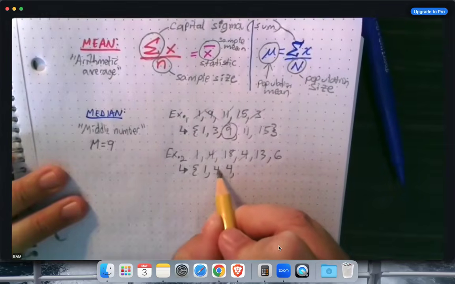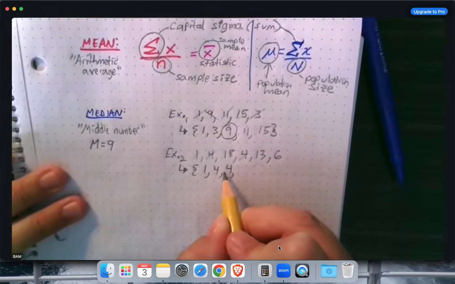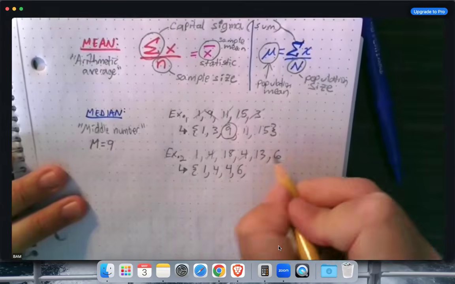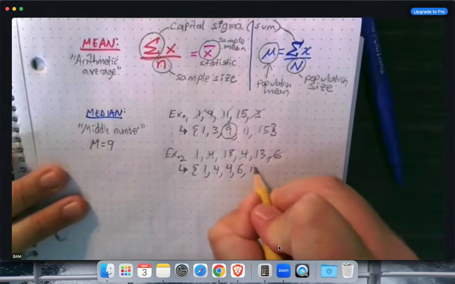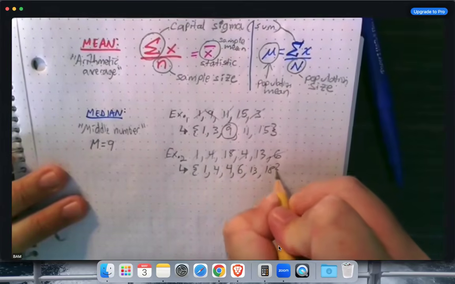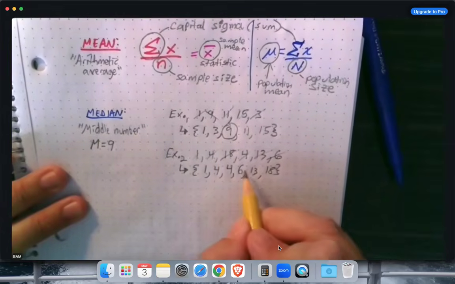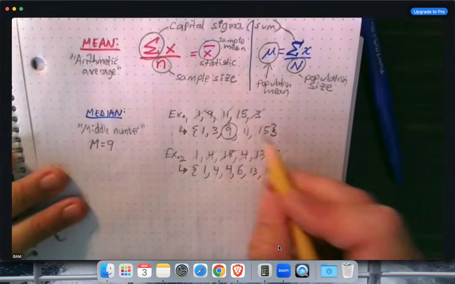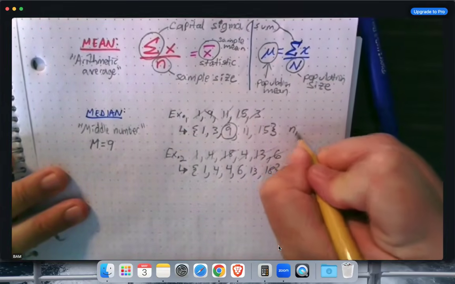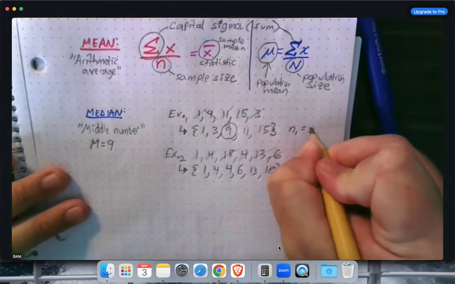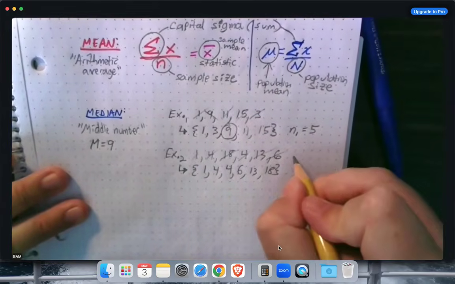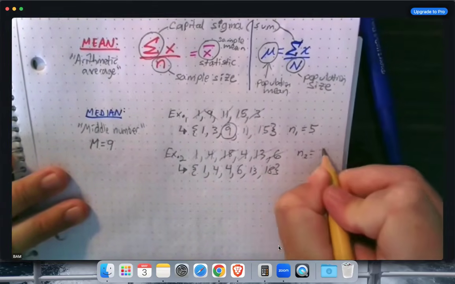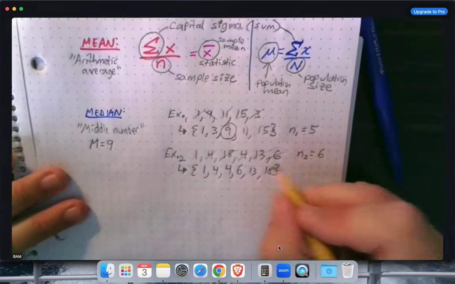These are the same ones. Technically, that's not increasing. 6, 13, and 18. 1, 2, 3, 4, 5, 6. Now, if these are samples, n sub 1 is 5. That's the size of that sample. And n sub 2 is 6, the size of that sample.